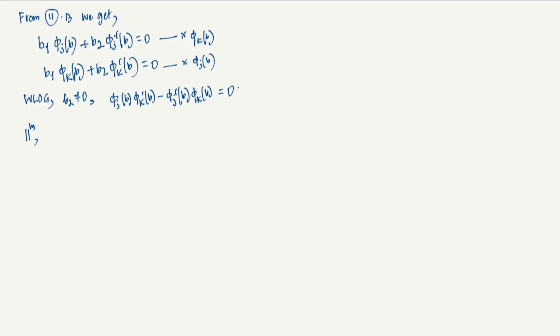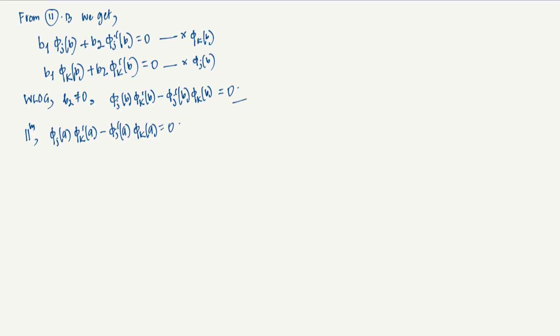So similarly, for a also we get a similar sort of thing: phi j of a, phi k prime of a, minus phi j prime of a, phi k of a, is 0.